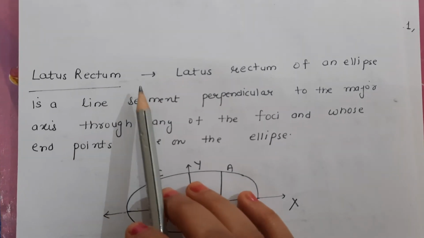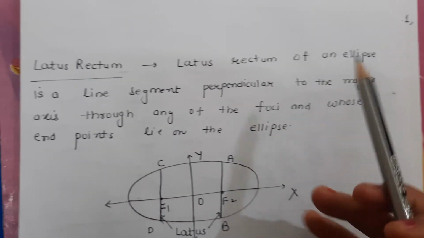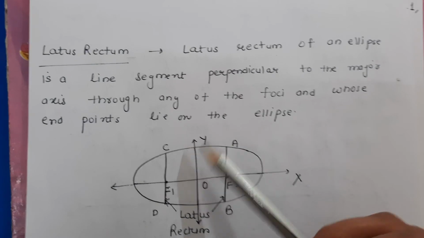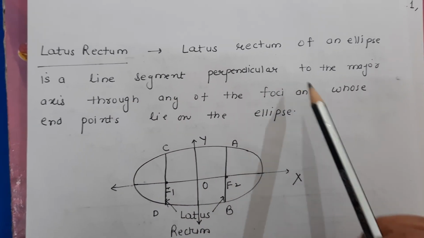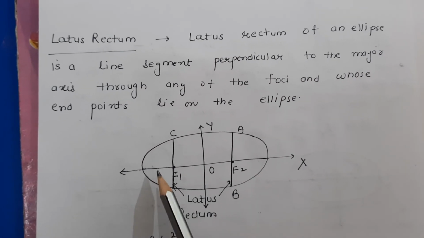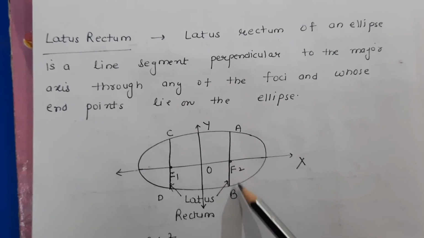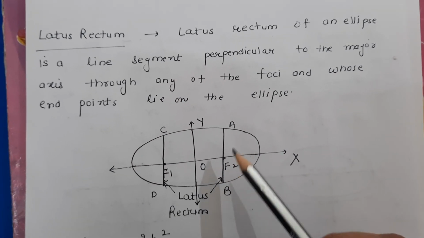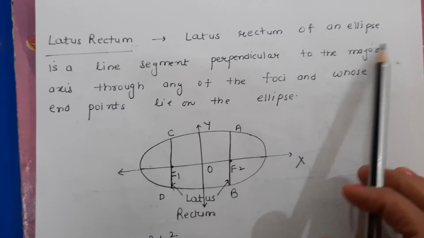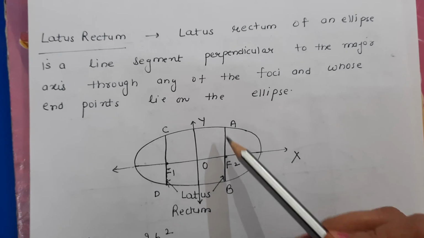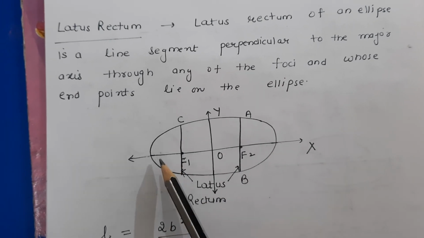Next is the latus rectum. Now the latus rectum definition is exactly the same as it was in the parabola. The latus rectum of an ellipse is a line segment perpendicular to the major axis, through any of the foci, and whose end points lie on the ellipse. I am again repeating, this is your major axis.